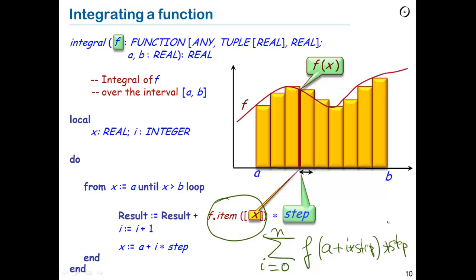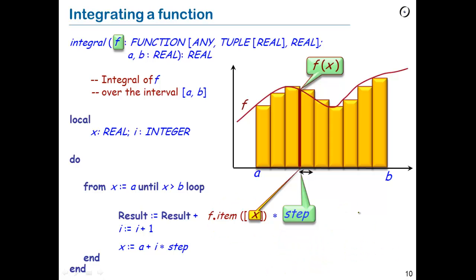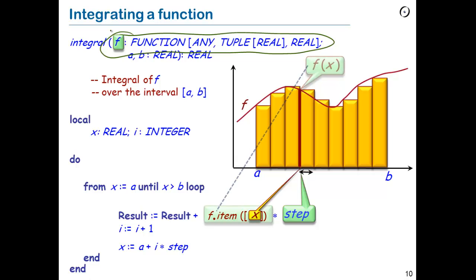Okay, this is what we're computing, and here we have a very direct translation by having f.item(x). This is the value of f of x. This term, of course, is x. And so that's all that we need to do, and you can see how practical it is to have the ability to declare variables like f, which represents not objects in the usual sense of data, but objects that themselves represent operations.